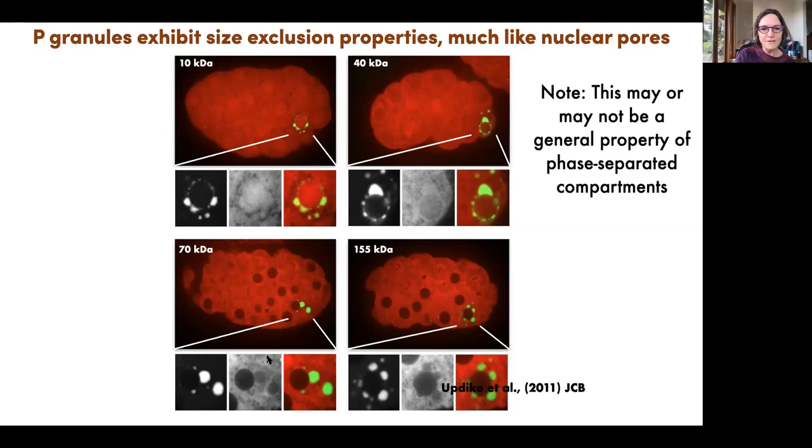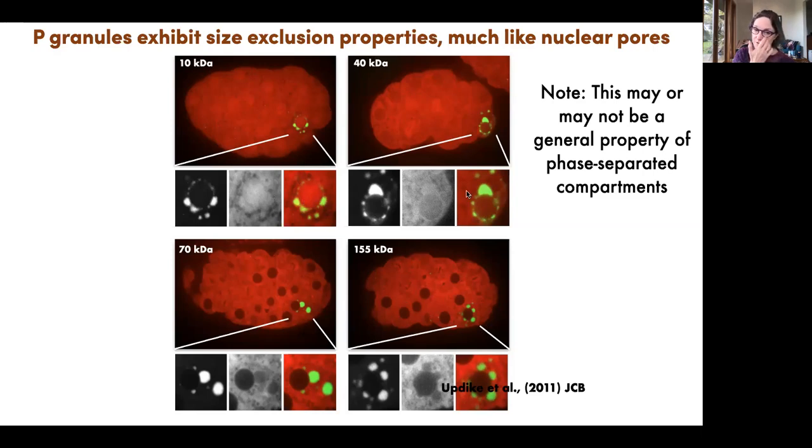And what's shown here is that the 70 kilodalton dextrans are somewhat excluded from these condensates, these P granule condensates. And the larger ones are even more effectively excluded. But small dextrans, 10 kilodalton or 40 kilodalton sized sugar molecules can co-occupy these regions.